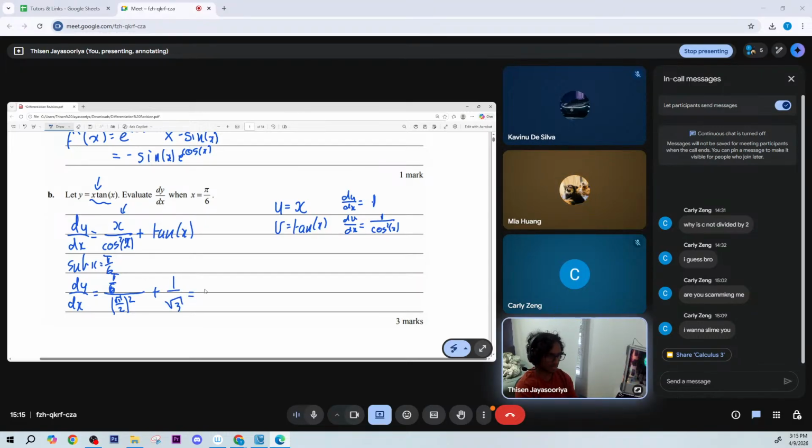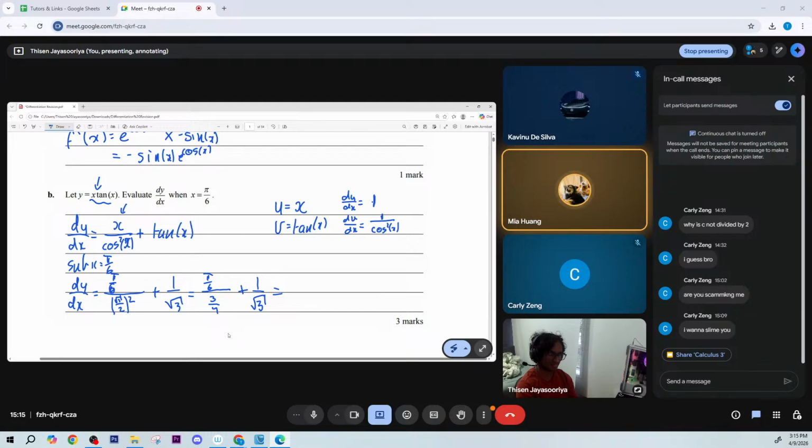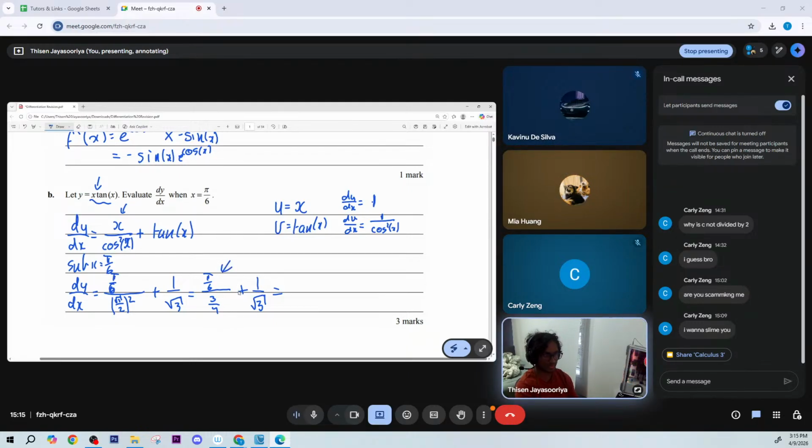So that means here, what we're left with is pi on 6 over 3 over 4 plus 1 on root 3. So then how can we simplify this? Do you know how to simplify these sort of fractions?